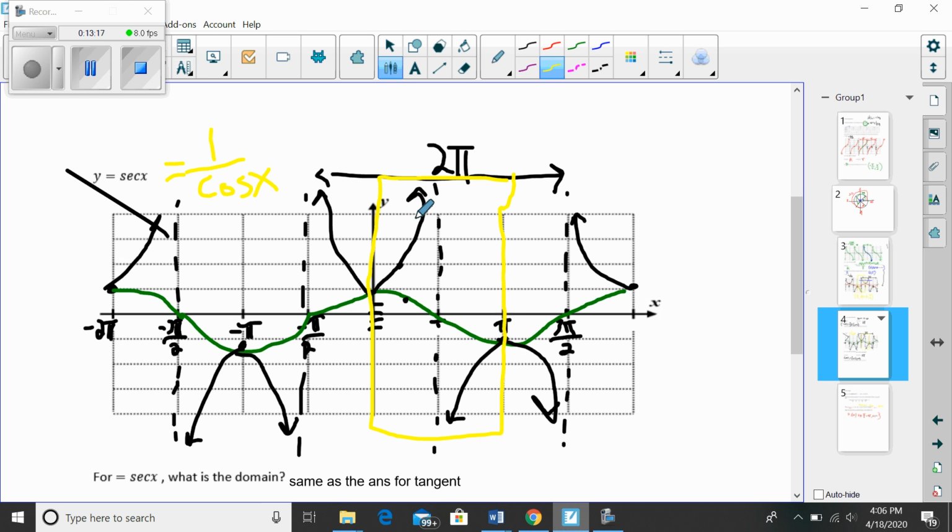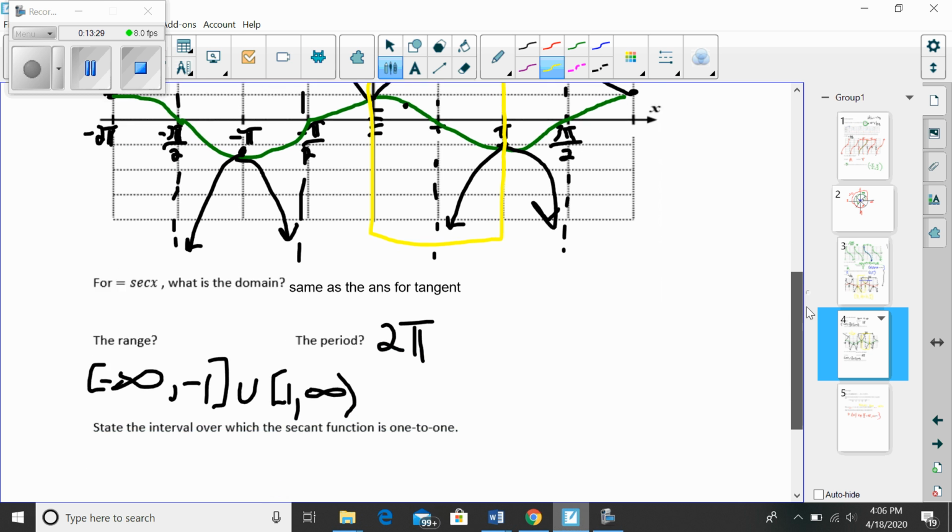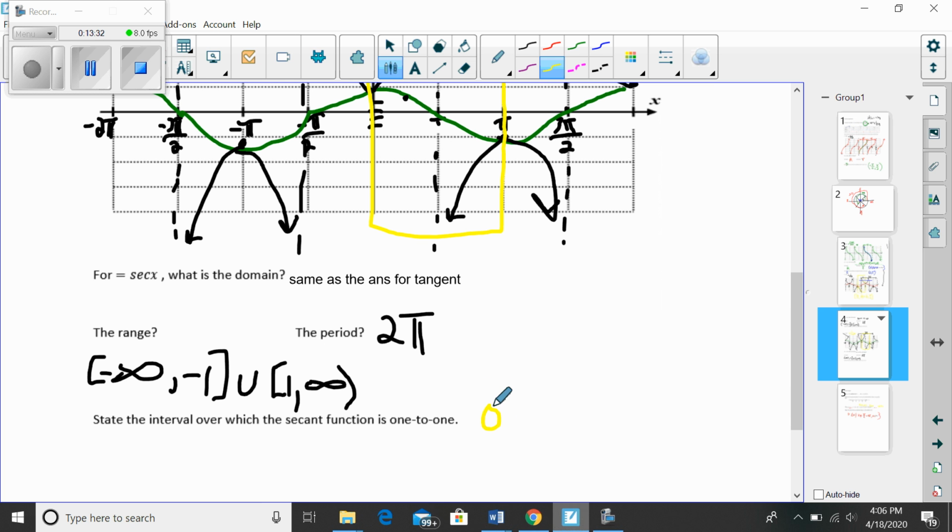If I look at just what's in black and I put horizontal lines across, I would only hit this function here in black 1 time, if I restricted the domain from 0 to pi, but I can't include pi/2 because there's an asymptote line there. So I write the domain like this with the open bracket since I can't include it.